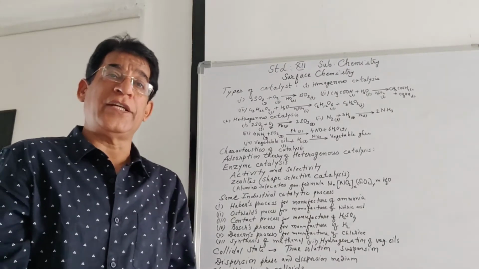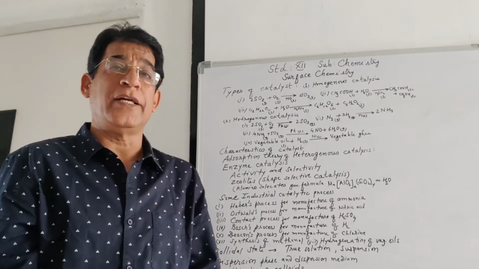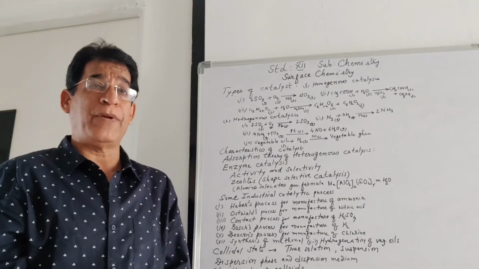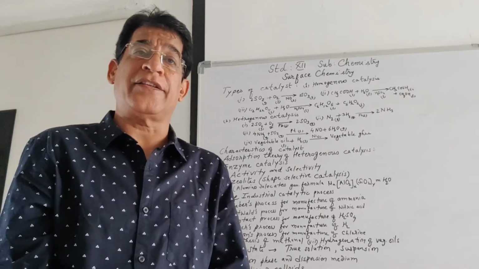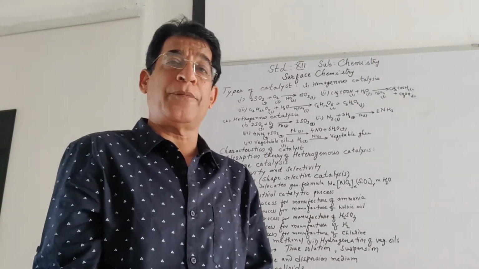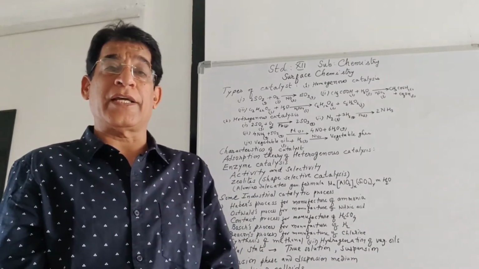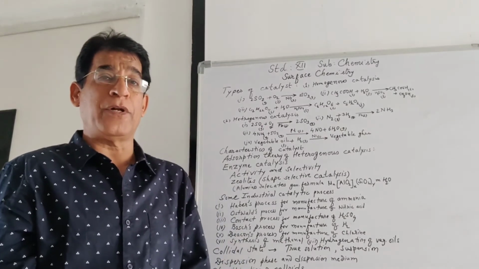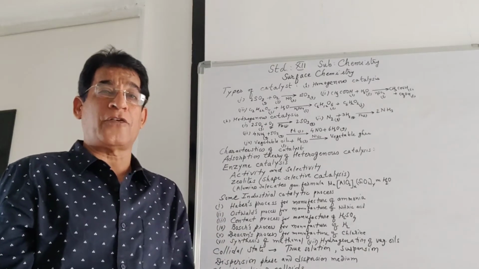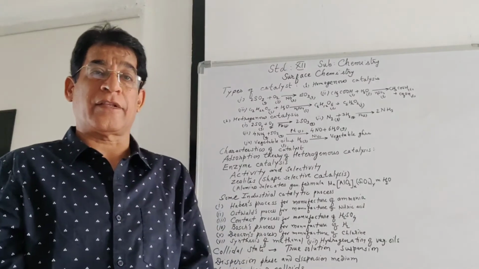Next, oxidation of ammonia into nitric oxide in the presence of platinum gauze as a catalyst in the Ostwald process. Next reaction, hydrogenation of vegetable oils in the presence of nickel as catalyst.